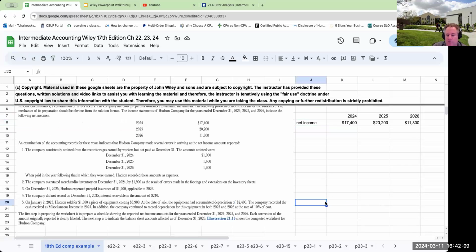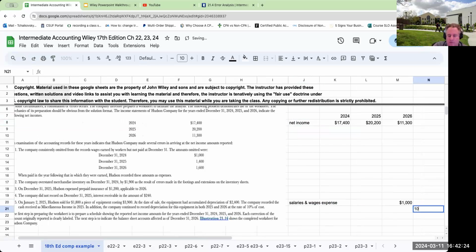So basically, if we're doing a wage accrual at year end, it's going to look something like this. Salaries and wages expense as a debit for 1,000, and I would be crediting salaries and wages payable, right?